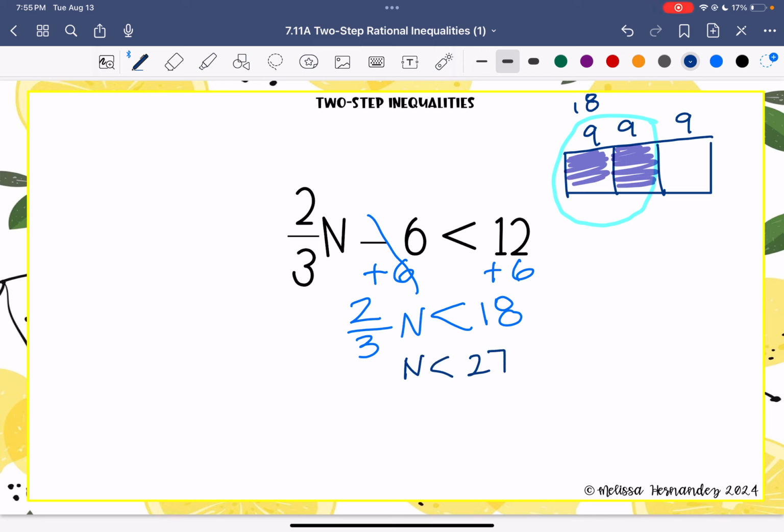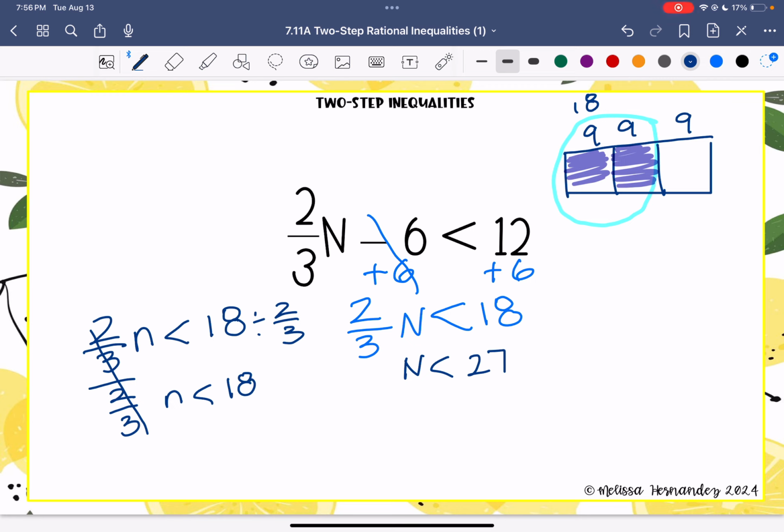Okay, you don't have to solve it that way. You can solve it algebraically. So I'm going to go over here to the left. You'll still get the same answer. So it's whatever works for you. Okay, so we're dividing both sides by 2/3, which basically means multiply by the reciprocal.